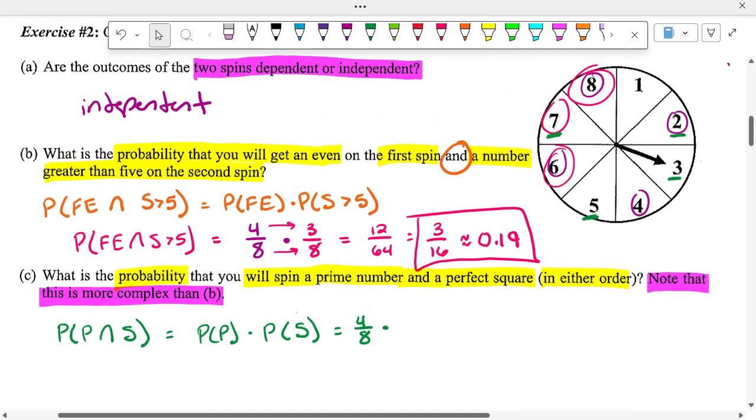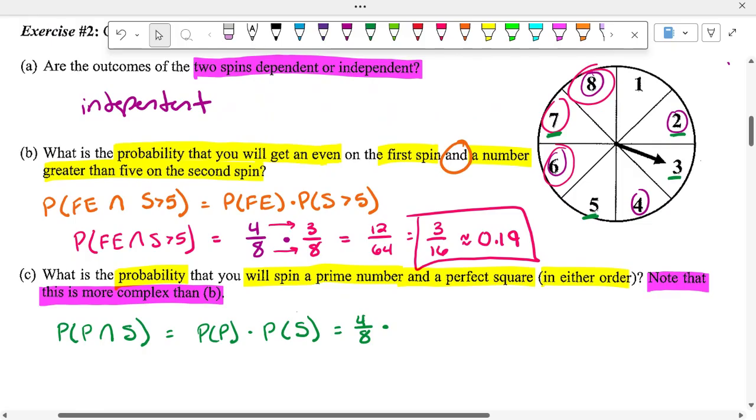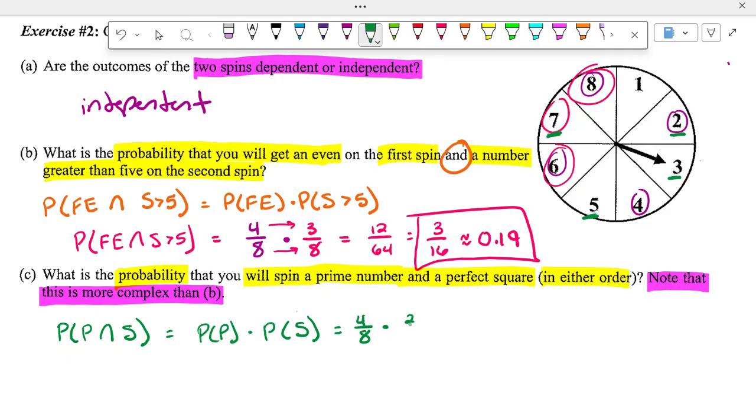How many numbers on here are perfect squares? 2. So 2 out of 8. So I've got 8 out of 64. So that'll be 1/8.